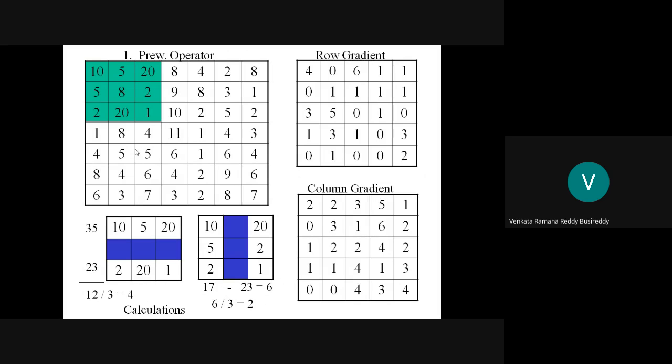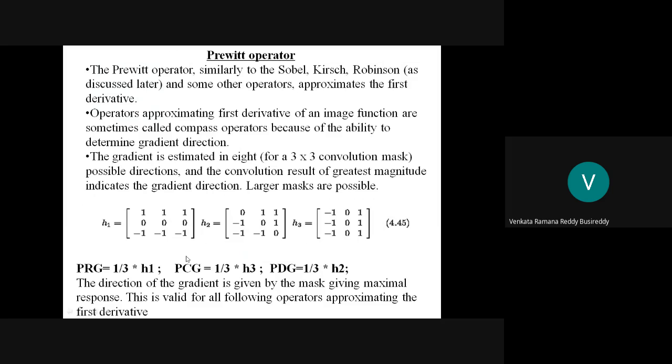For example, I take this as my gray level image. I apply one of the operators, 1 1 1. This operator consists of coefficients, nothing else. If I apply this operator on the whole image, I will get horizontal edges.